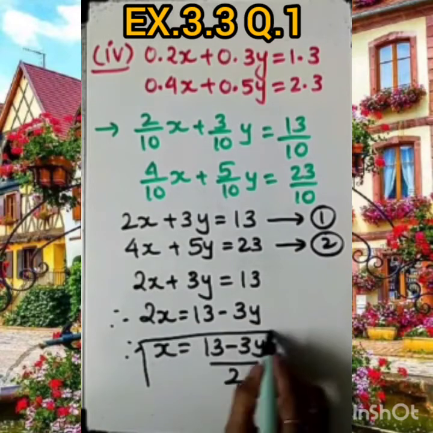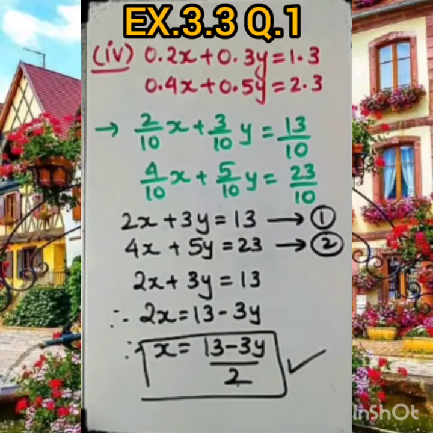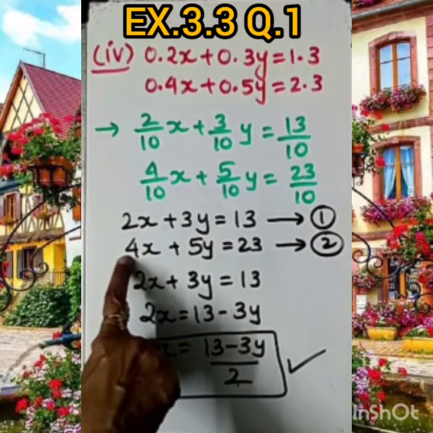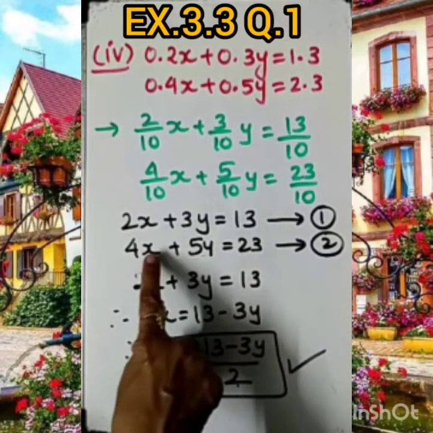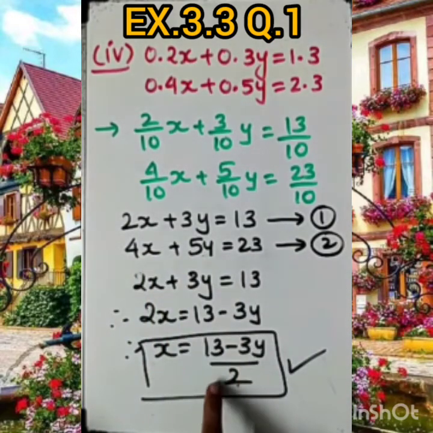This 2 will be in the denominator. So the value of x will be 13 minus 3y by 2. This value I am going to substitute in equation number 2. What is our equation 2? In this equation, in place of x, I am going to substitute this value now.